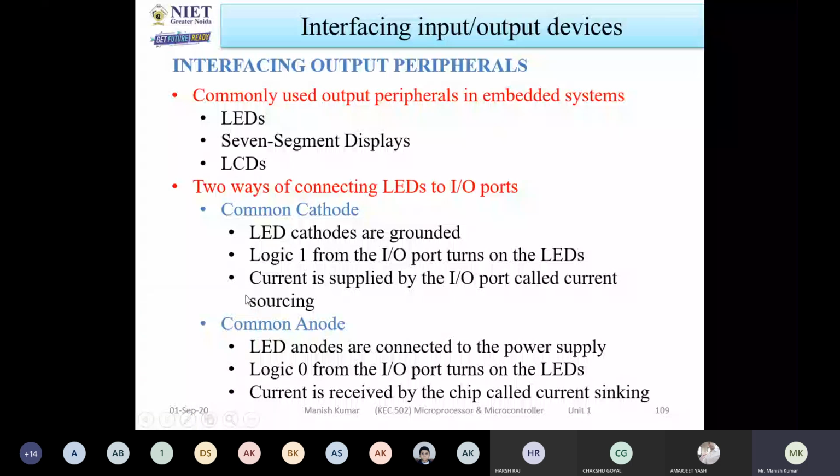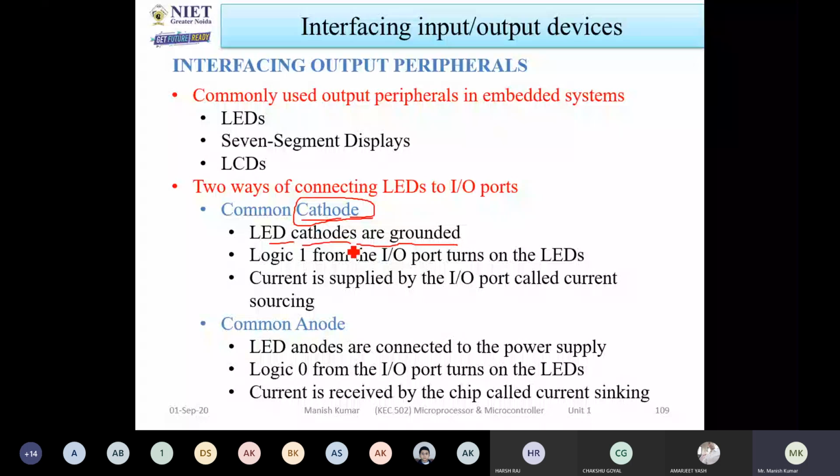All LED cathodes are grounded. Whichever terminal is common, that part is always grounded. With common cathode, the cathode is grounded. If it is common anode, the anode is connected to the power supply.